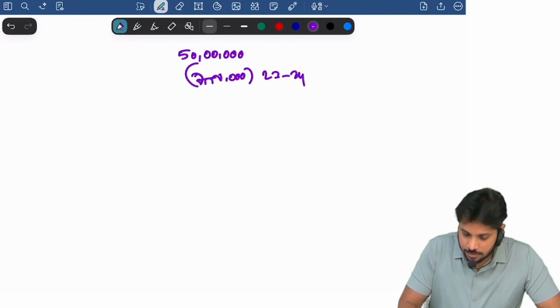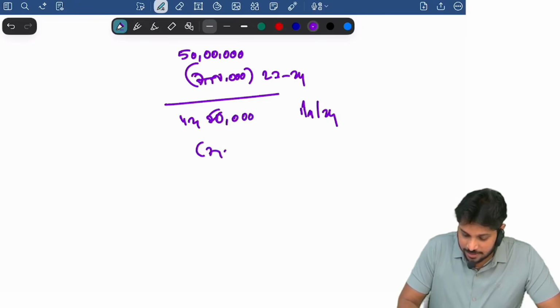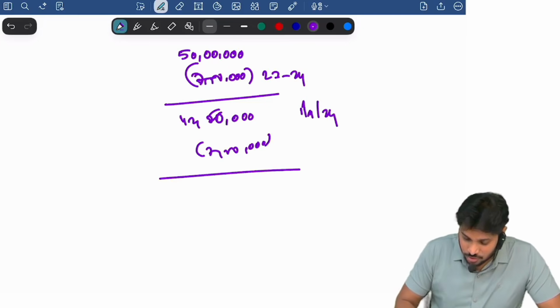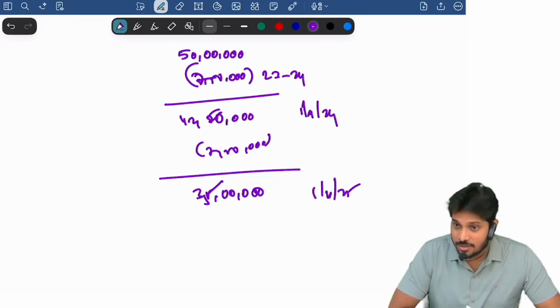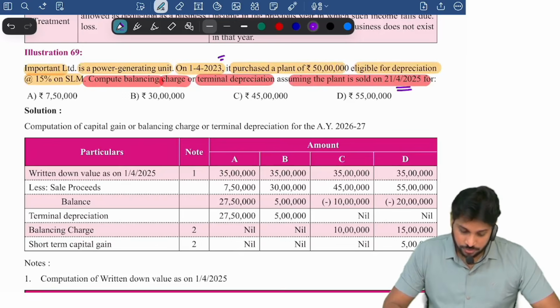So 1st April 2024, 42 lakh 50. Again 7.5 lakh, because it is the straight line method. So 1st April 2025, what is the value? 35 lakh. Now this is sold for 7.5 lakh.